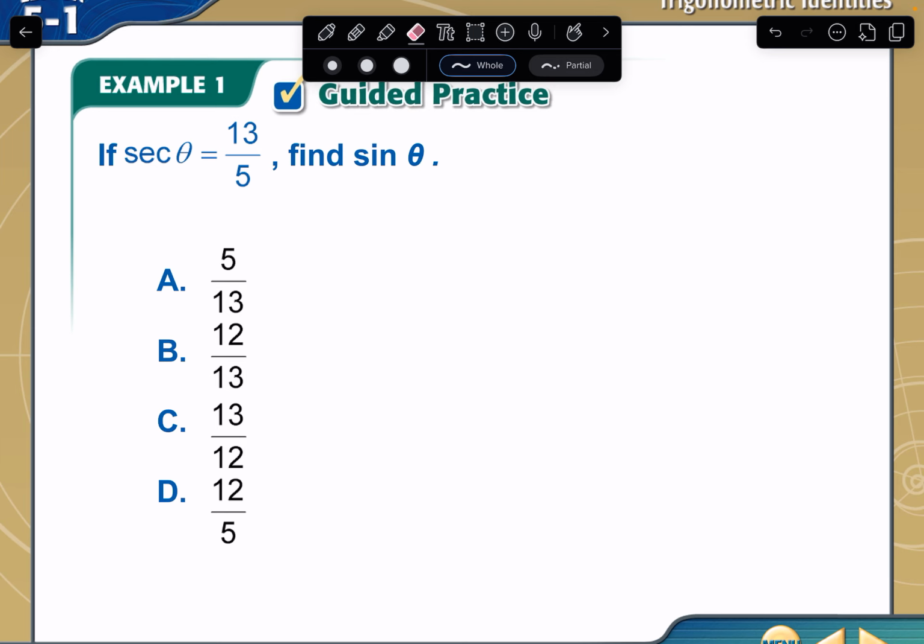So what I mean by that is secant is only going to give you the reciprocal of cosine. I'm being asked to find sine in this question, so you would have to use your Pythagorean theorem, just normal Pythagorean theorem, a squared plus b squared equals c squared, to find your missing piece on this type of question before you actually figured out what your sine value is.